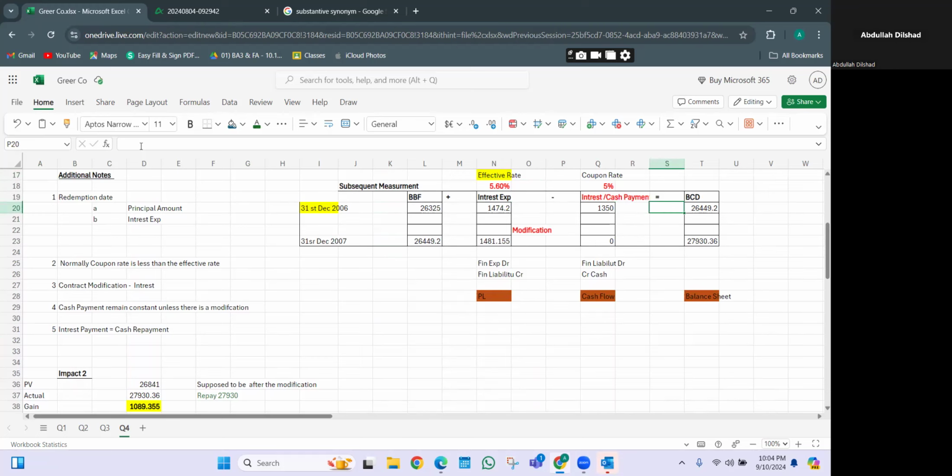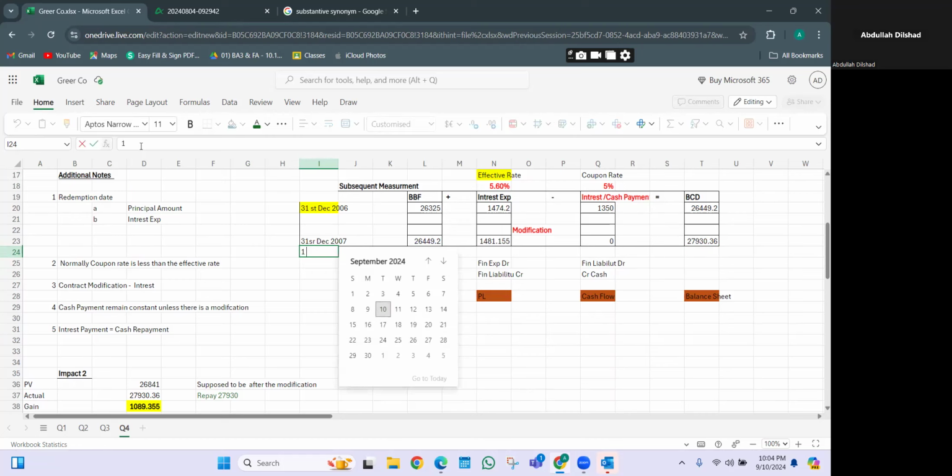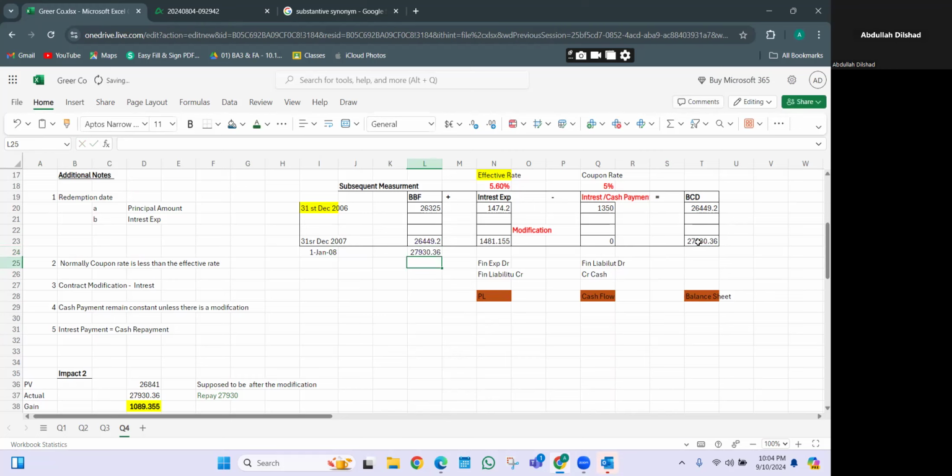How do you continue? This balance will be brought forward on 1st Jan 2008. If the change is less than 10%, if the impact is less than 10%, you all can continue your calculations of the amortization table using December's balance.